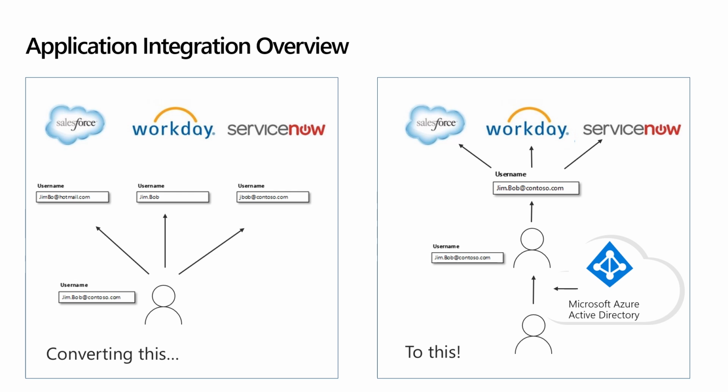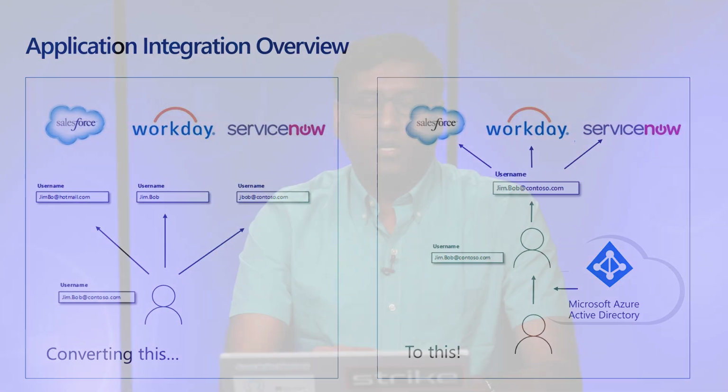From the identity management and security perspective, when the application is integrated into Azure Active Directory, your identity team and security team can take control of that application. That means if Jim Bob today moves from the sales group to the marketing group, he might need access to another marketing application, and he does not need access to the Salesforce application.